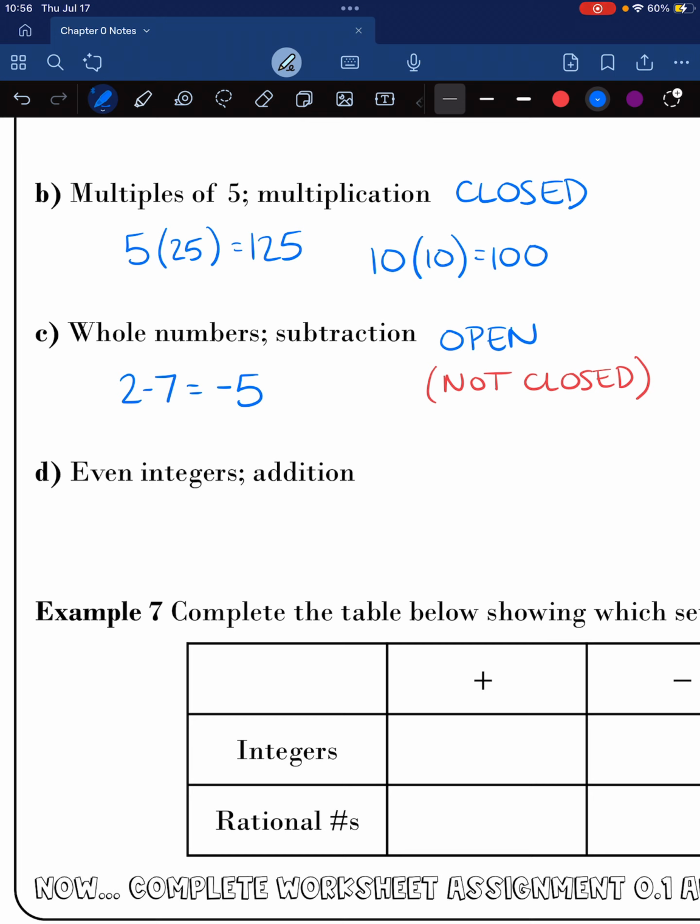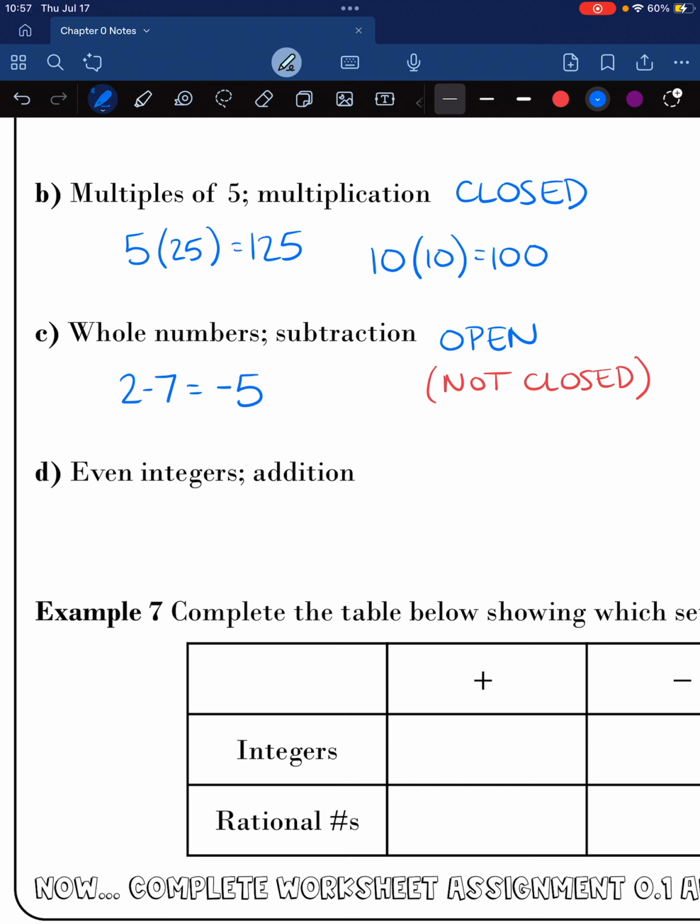Okay, even integers under addition. So if I add an even number and an even number, there is just no way that's going to be odd, right? And actually, we talked earlier, we said that 0 is not positive and it's not negative, but 0 does technically count as an even number, interestingly.